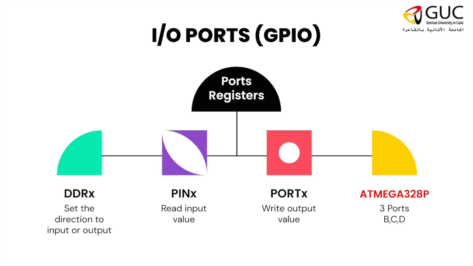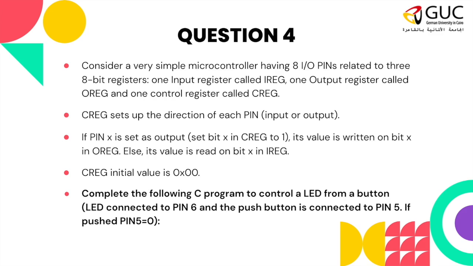And each bit inside these registers corresponds to one of the pins of the port. So port B, as I told you, has 8 pins on the board. Each pin corresponds to a bit in the DDRB, PINB, and PORTB registers. Okay, you should have understood this from the lecture. I'm just recapping it quickly because the next question will depend on such concepts. And let's move on to the next question.